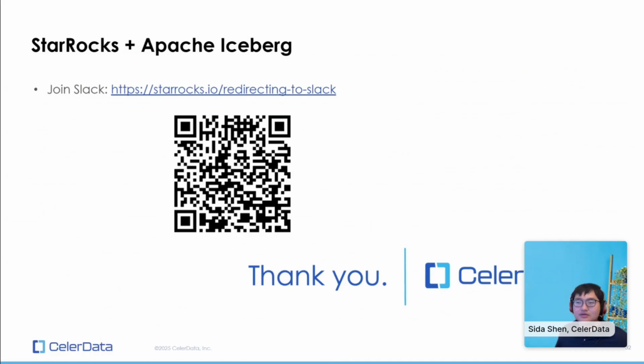Wait, this is a long question. We'd like StarRocks to do Bloom filter or auto optimization for equality delete file elimination. Yeah, let's talk offline. I'll reach out to you with our team and we can discuss this further.